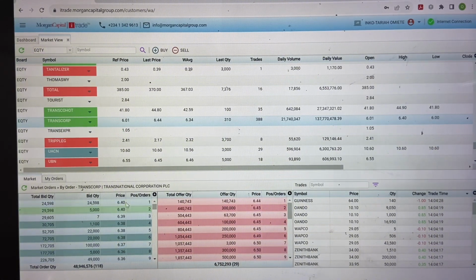The system automatically arranges the highest bidder to be on top. Okay, and then on this pink column, what you have is those who want to sell. Total number of shares on offer for sale is 6.7 million shares. And one thing you must know, in the market, the forces of demand and supply are always at work. Once you compare these two figures, you can see that 48.9 million shares have been bidded for versus only 6.7 million shares available for sale.